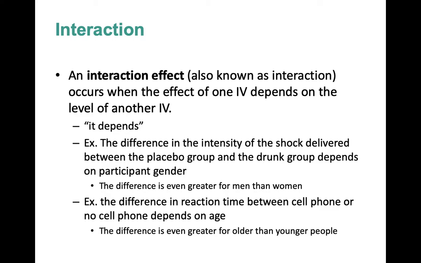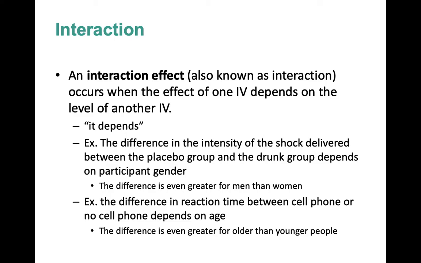So when we're asking these questions, we're really getting at the idea of an interaction effect. We're wondering whether the overall effect of the single IV depends on other factors or other variables. This is known as an interaction effect, or just an interaction.